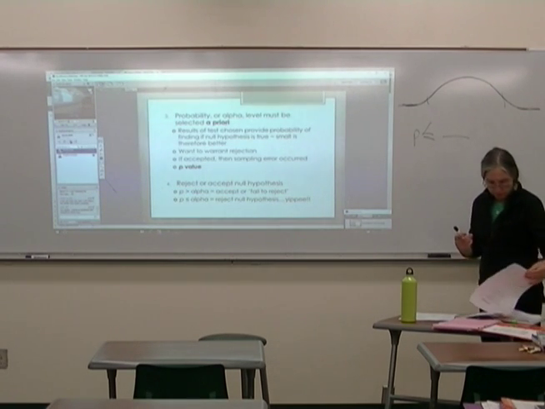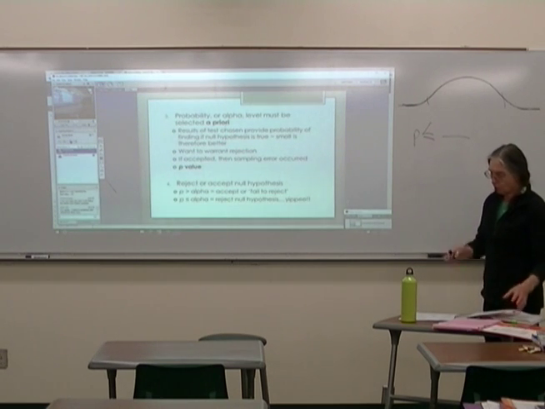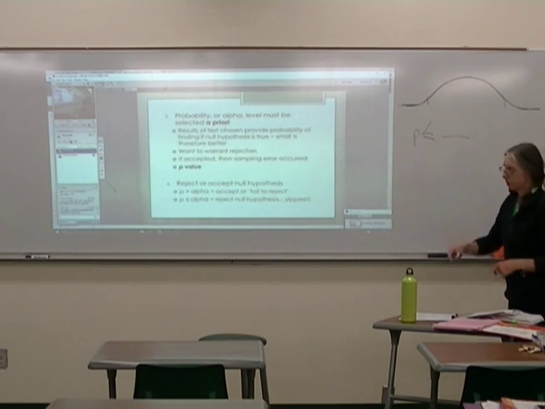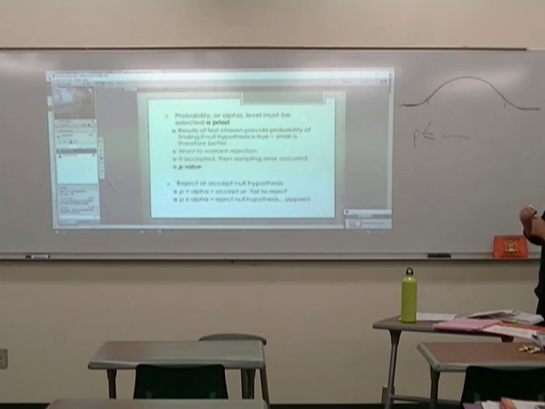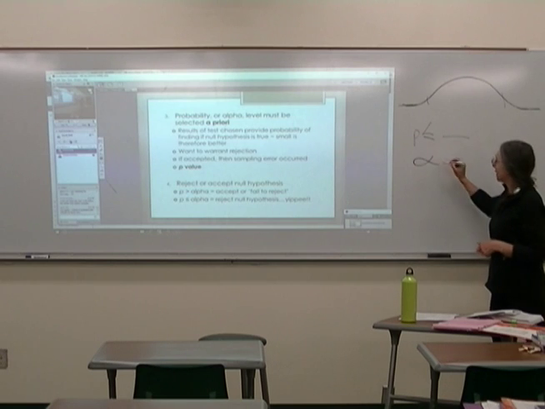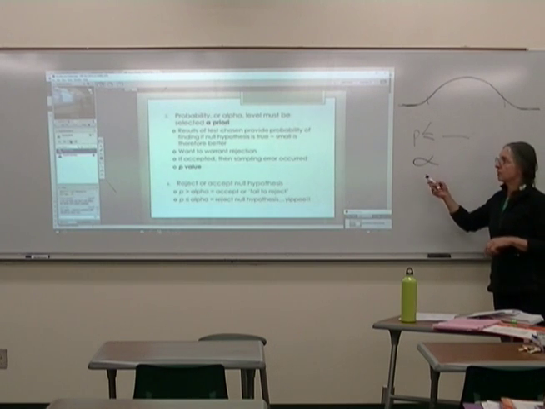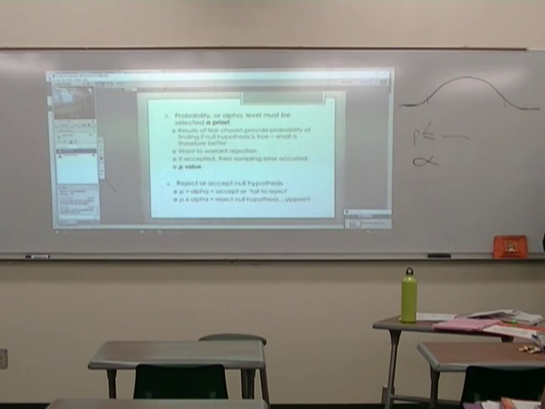P is the value of alpha. Alpha, you might see written as alpha, you may see it in the paper as an alpha symbol. Alpha is the probability of your finding being correct.